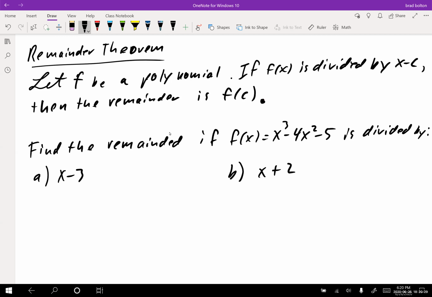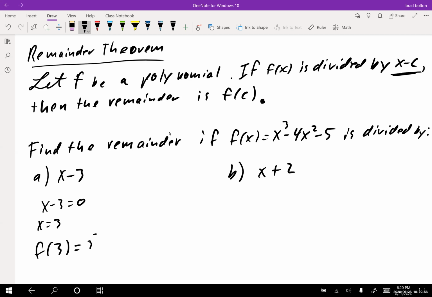So let's look at this. It says find the remainder if f of x is equal to x cubed minus 4x squared minus 5, if this is divided by x minus 3. So what we're going to do, we're not going to do long division, we're not going to do synthetic division. We're literally just going to solve this for c. So x minus 3 equals 0, so x equals 3. So then all I do is f of 3.